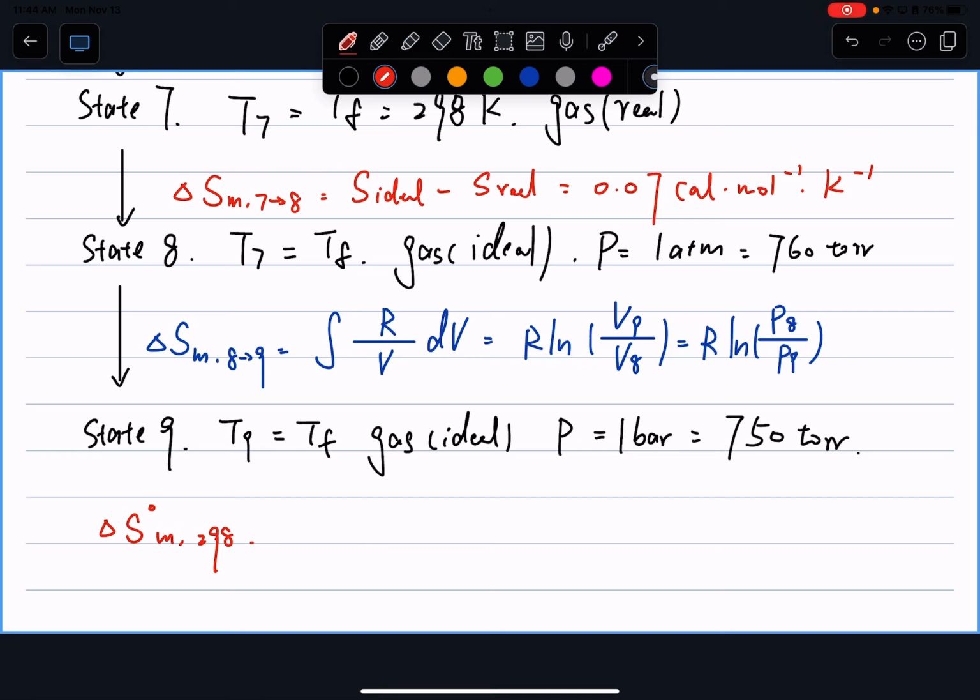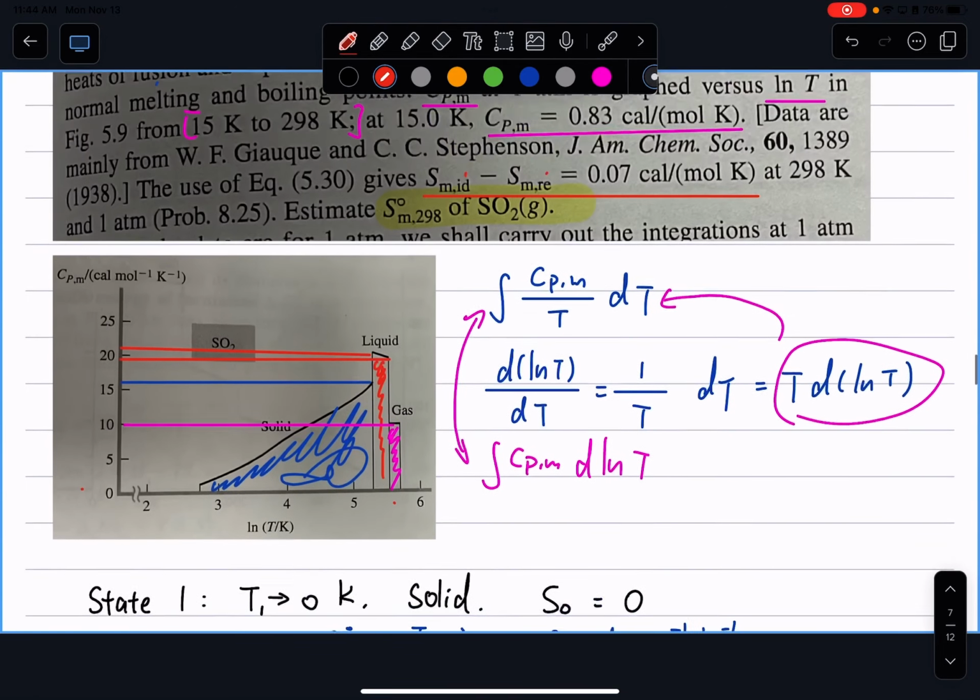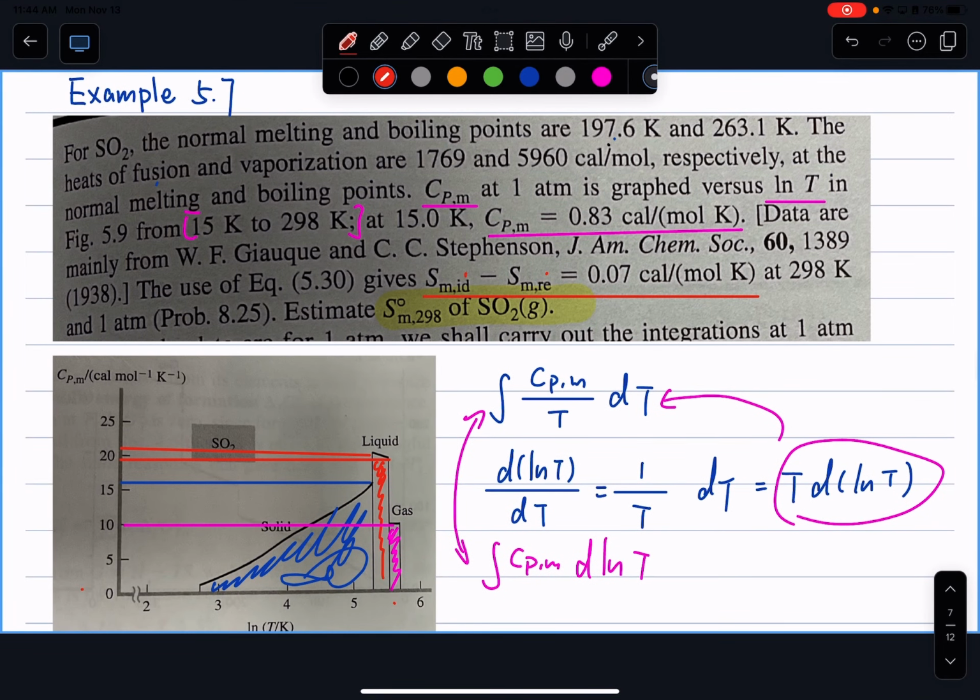You're adding everything up to get a number. You can compare that number with the textbook result. All right. So this one is just a demonstration in how people actually calculate that table of conventional entropy. Normally, you don't have to do that derivation when you're using the thermodynamic table, but I found it very useful to at least show you one time how people get to that thermodynamic table.